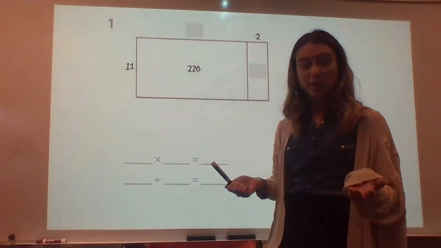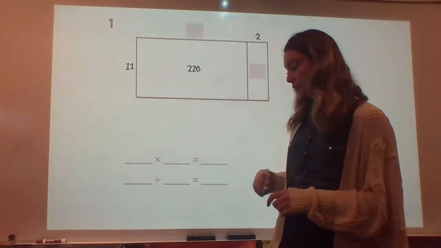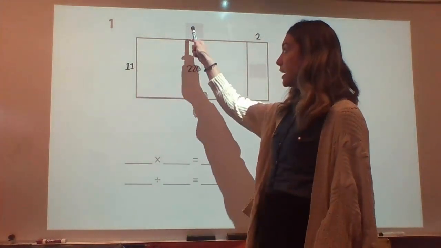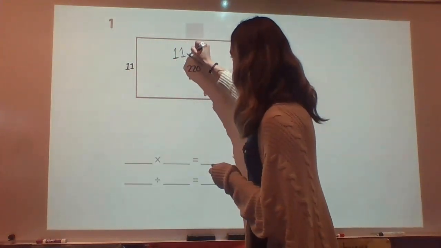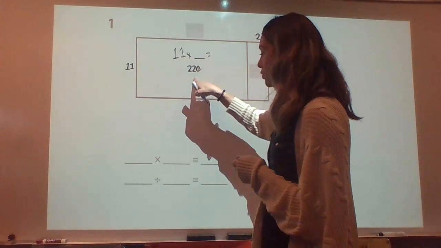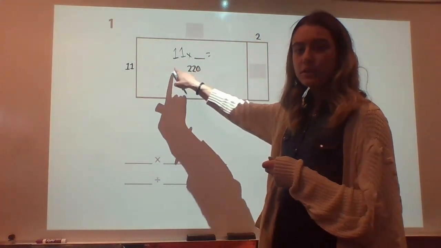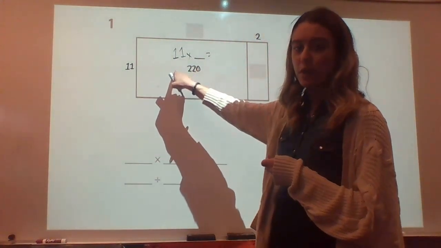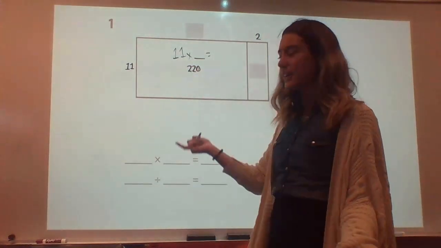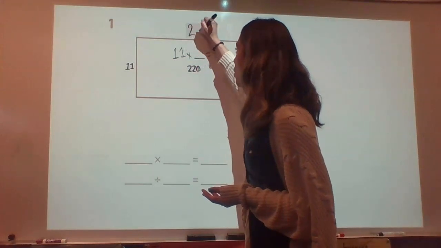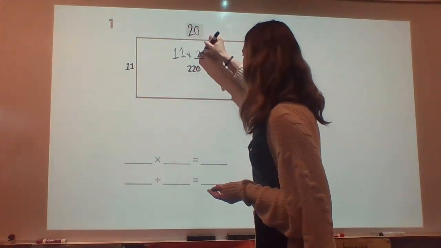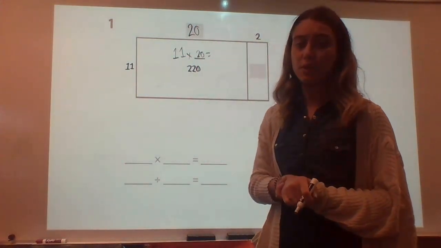So we have to figure it out on our own, different from last week's. So friends, 11 times something gets me to 220. Now I know 11 times 10 is 110. So if I double that, I got 220. So I know that 11 times 20 gets me to 220.